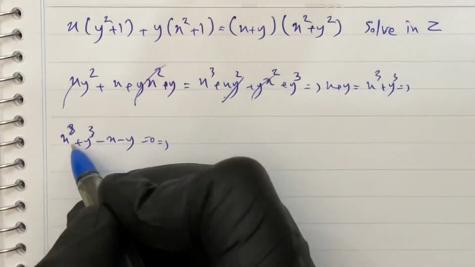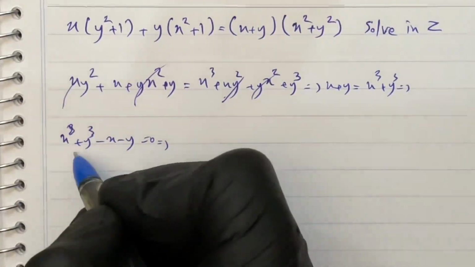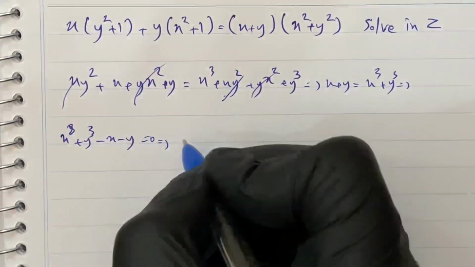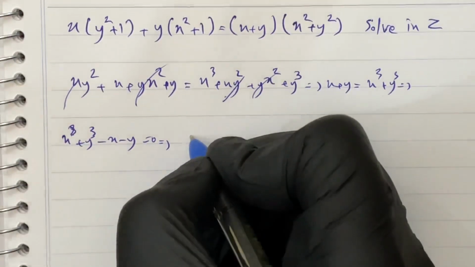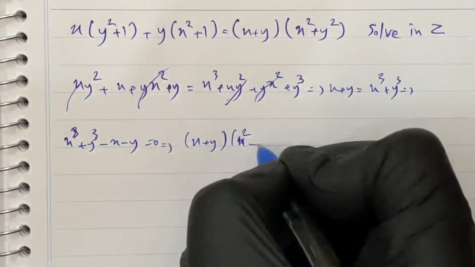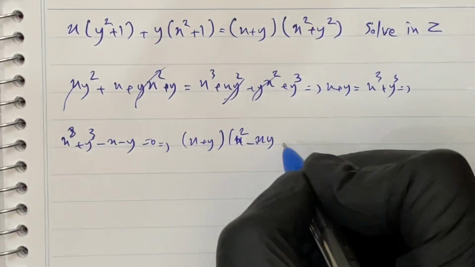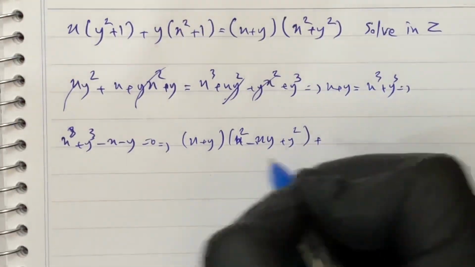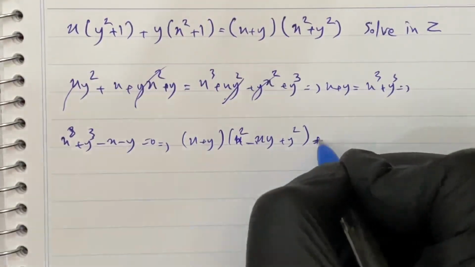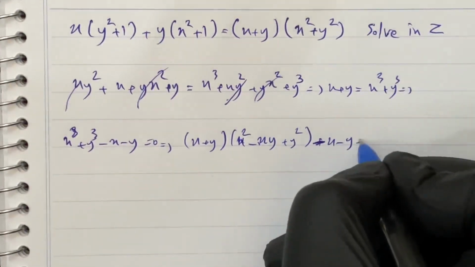If you pay attention, this is the sum of cubes, which we can factorize as x plus y times x² minus xy plus y², and here is minus x minus y equals 0.